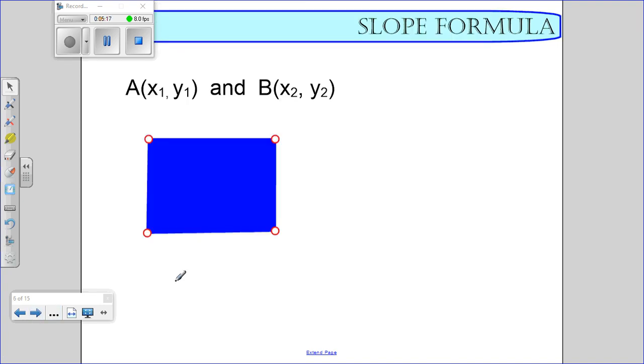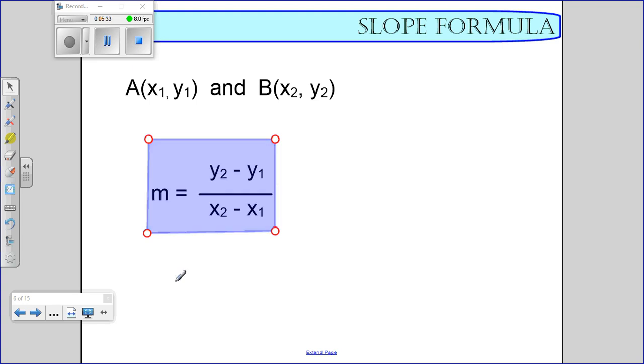Okay, we have a slope formula. If you are given 2 points, point A and point B, remember point A is x1, y1, and point B is x2, y2. Our slope formula looks like this. Remember, m equals slope.